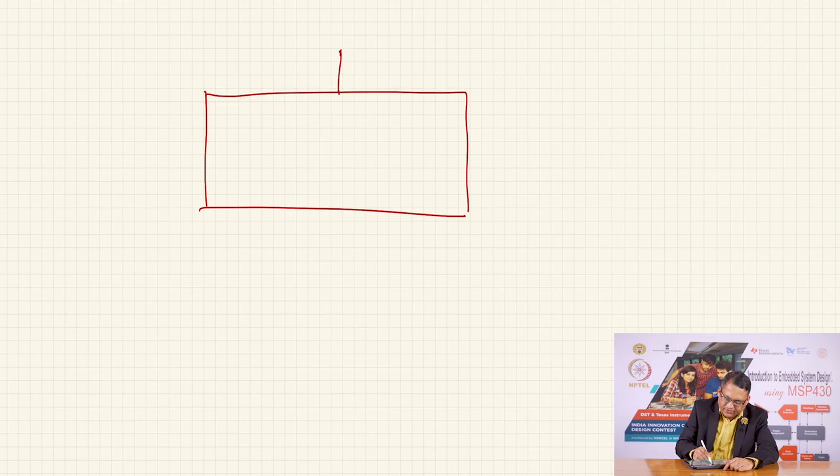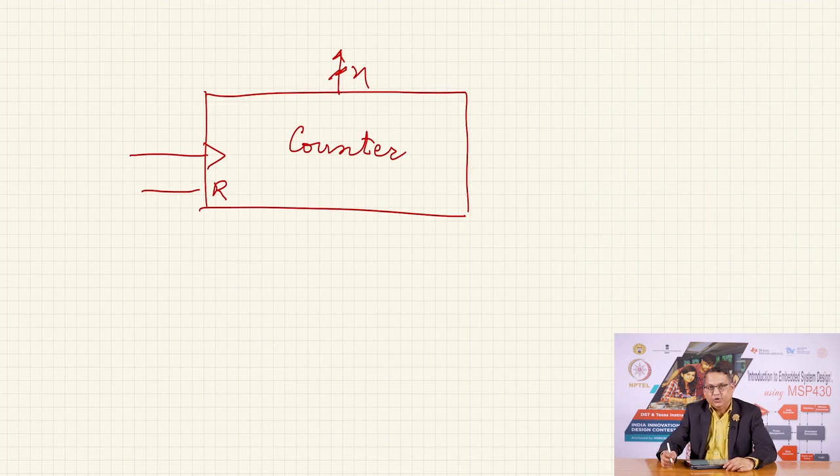The basic building block in a counter timer is actually a counter. Now, what is a counter? If I show you an n bit counter, typically you will have n bits going out, and you would have a clock input. Maybe you also have a reset pin, so that when you assert the reset signal, all the n outputs of this counter are reset to 0.